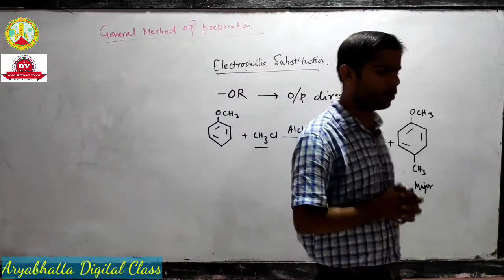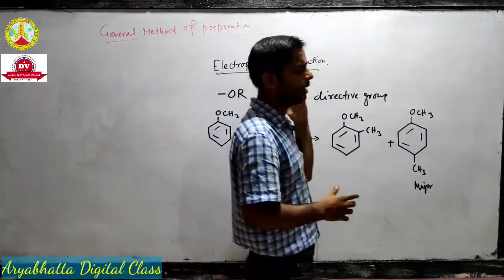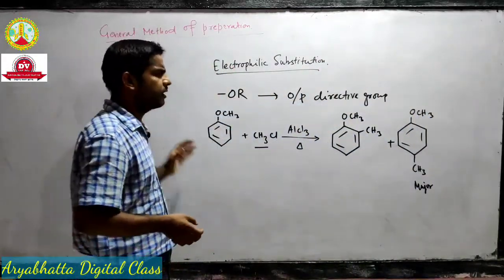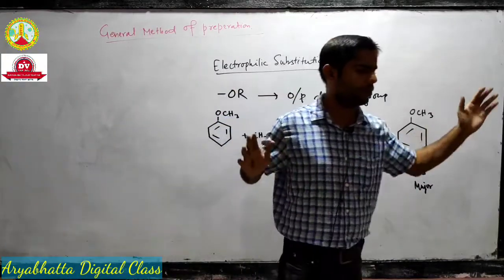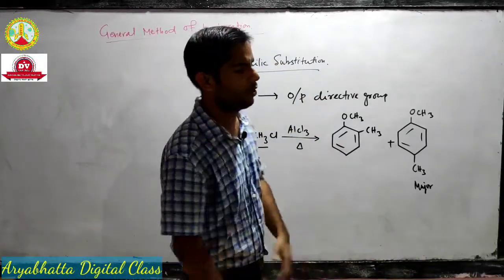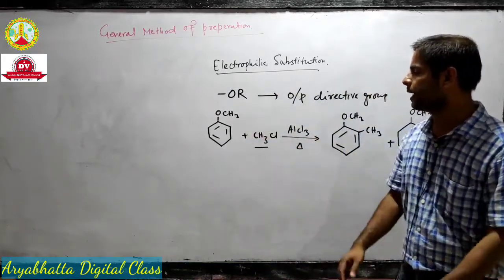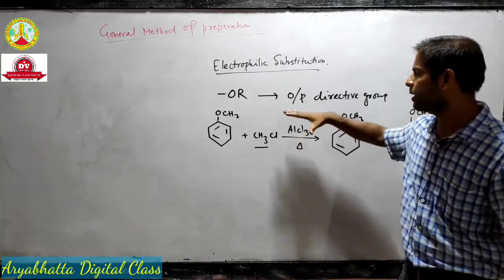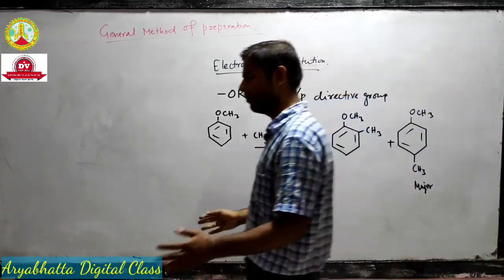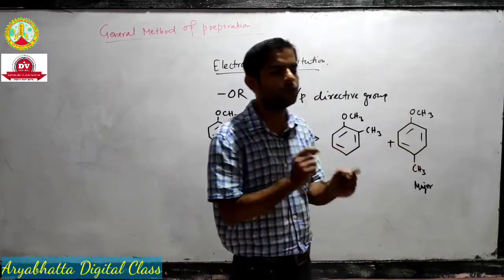I don't think I should discuss electrophilic substitution in detail, because we analyzed these reactions in detail in previous video lectures, in the previous chapter, haloalkanes and haloarenes. I hope knowing the directivity of the substituent group makes it very easy to predict the product and to pick which one will be the major product.